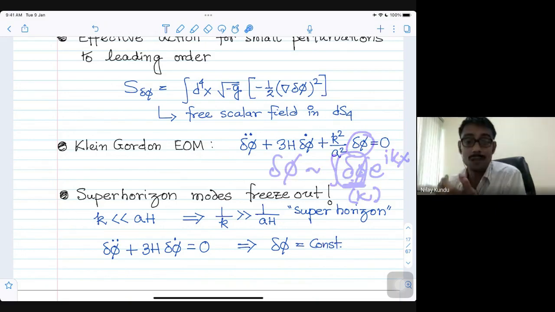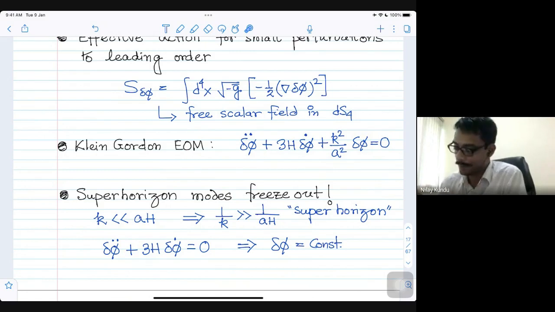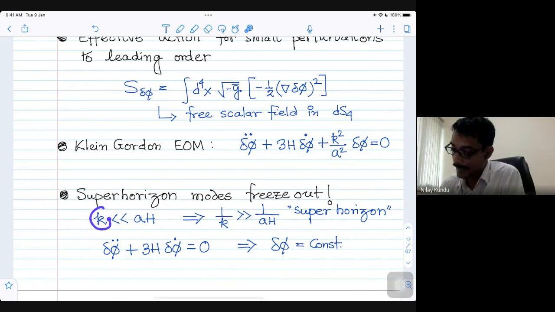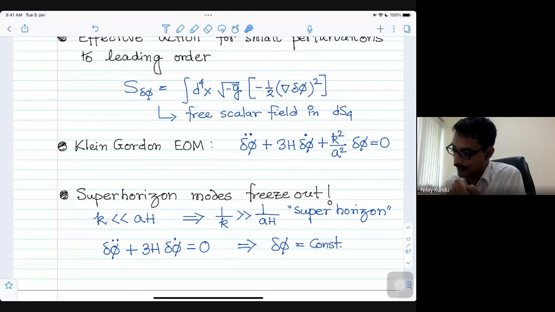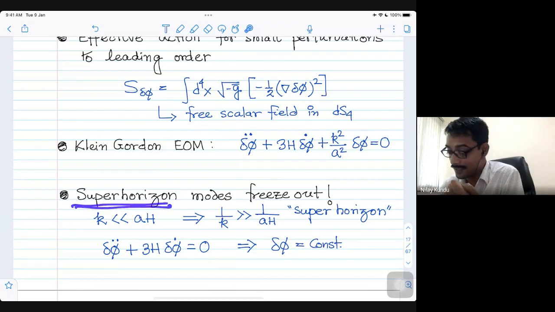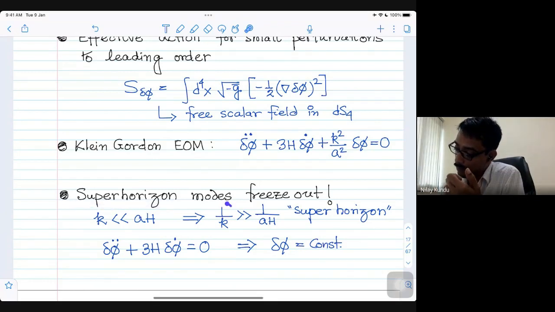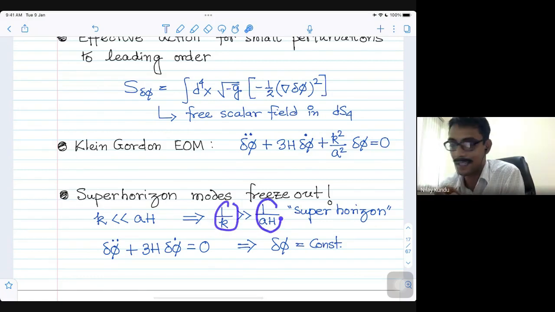So the momentum is a label for that mode, and whether that k is less than or greater than aH decides if the mode is inside the horizon or outside the horizon. Super horizon means that the length scale associated to the momentum, which is 1 over k, is much greater than the Hubble radius.